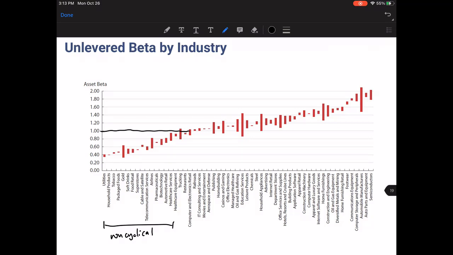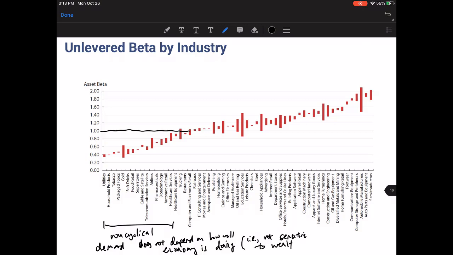So I guess I can write that down. Demand does not depend on how well the economy is doing, or to be more precise, not sensitive to wealth shocks or productivity shocks.